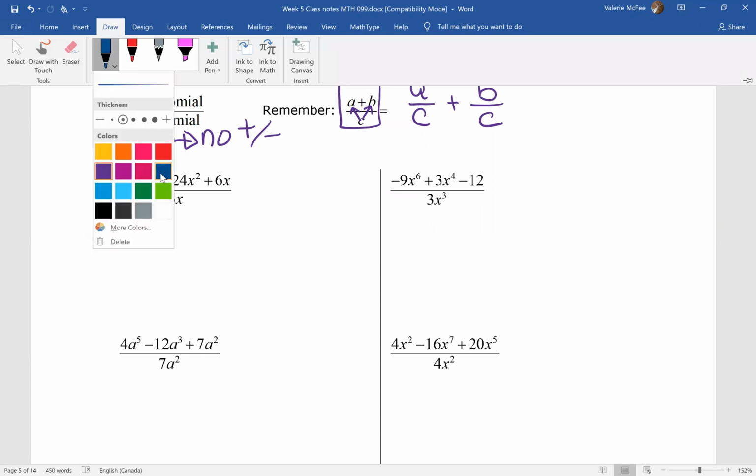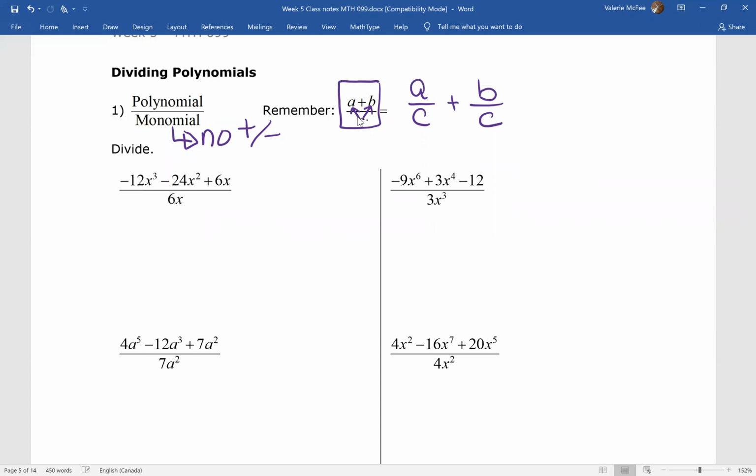I just said that that denominator belongs to each term in the numerator. So we have negative 12x cubed over 6x minus 24x squared over 6x plus 6x over 6x.